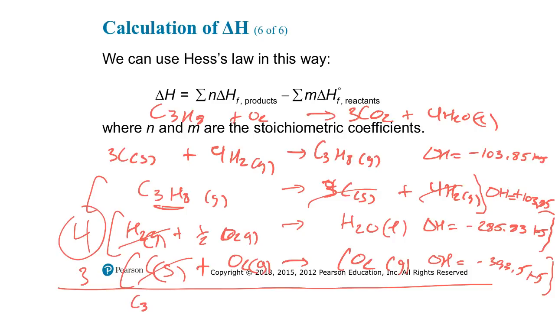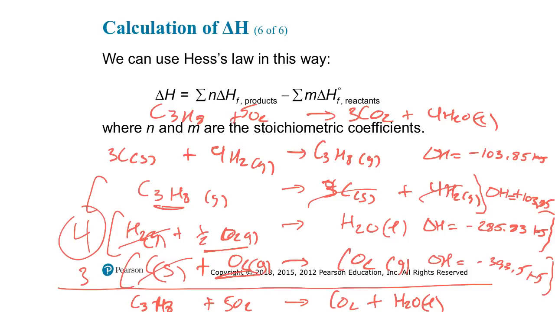And then what we're going to come up with is this reaction up here. We're going to come up with C3H8. The oxygens are going to add up. We get 3 oxygens here and 2 oxygens here, and that adds up to 5 O2s. And that gives us the CO2 plus the H2O liquid.